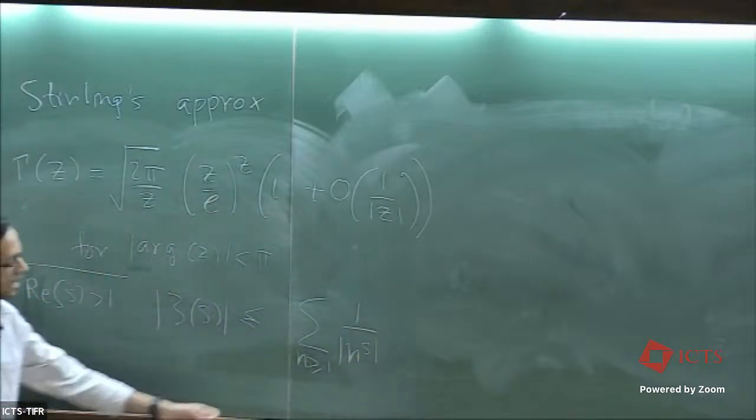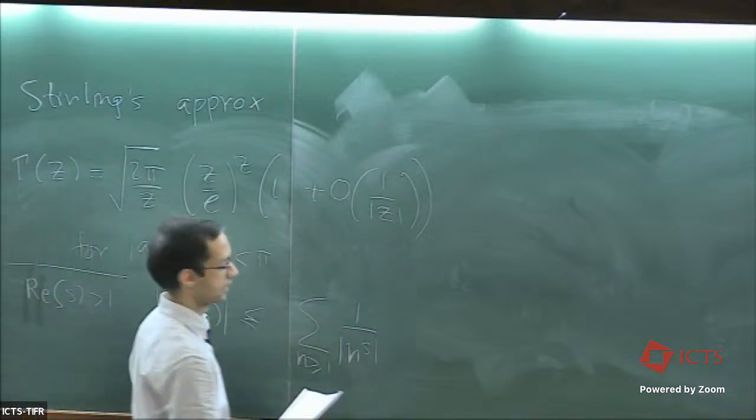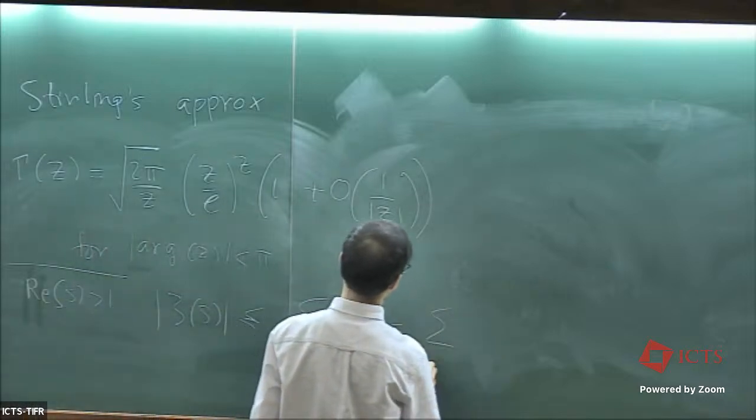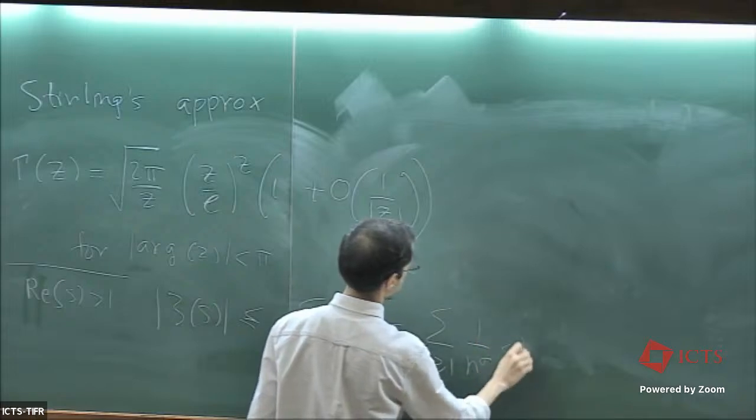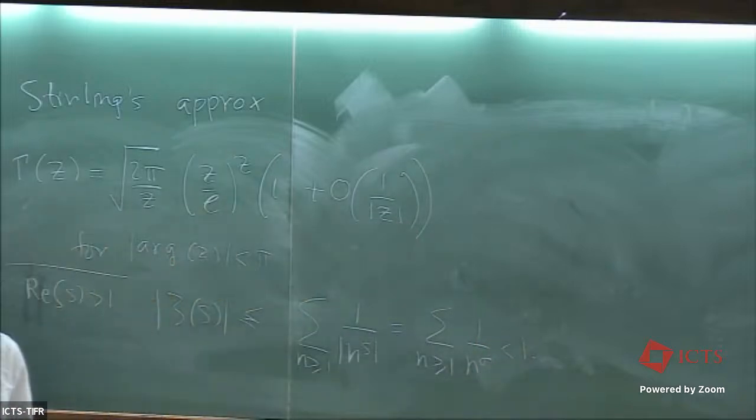But the absolute value of n to the s is nothing but n to the sigma. And we know that this converges if sigma is strictly bigger than 1. So the rate of growth as t goes to infinity is nothing; that is, it grows with exponent 0.